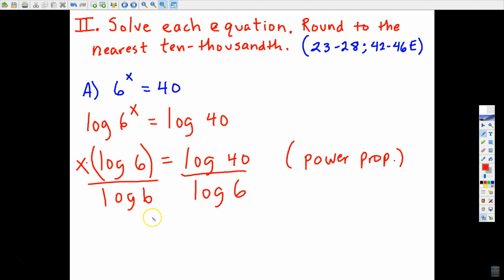So essentially these are going to cancel, and now you're going to turn to your calculator, and hit the log button, put in 40, divided by, hit the log button again, put in 6. Just make sure you close the right parentheses after 6. The left parentheses is provided, and then you have to close the parentheses. All of these are going to be rounded to the nearest 10,000th, which is 4 decimal places.